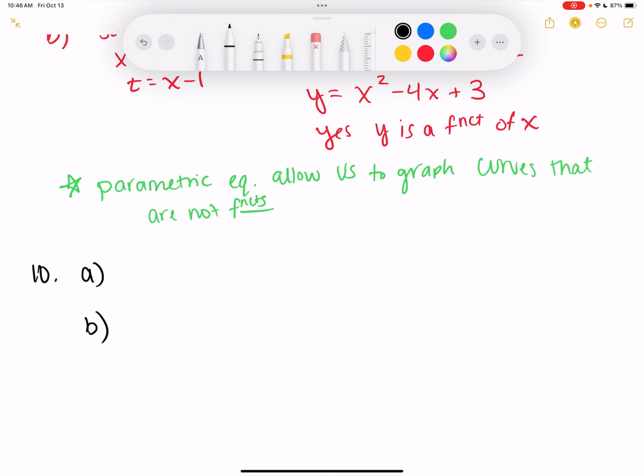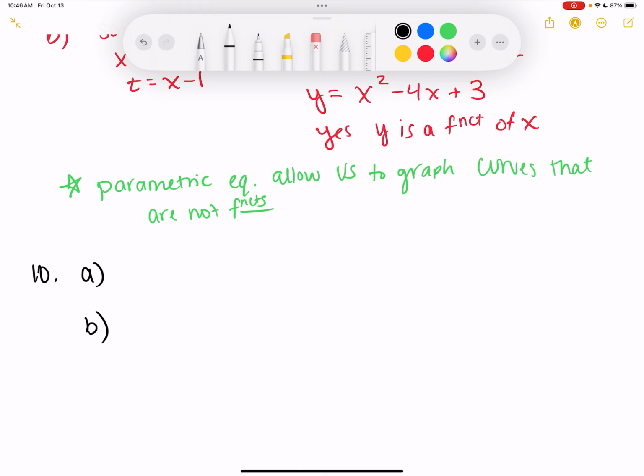Remember that is going to be the vertical line test: if it intersects anywhere twice, it's not. And then does the relation have an inverse that is a function? That's the horizontal line test, and it can only intersect going down one time.